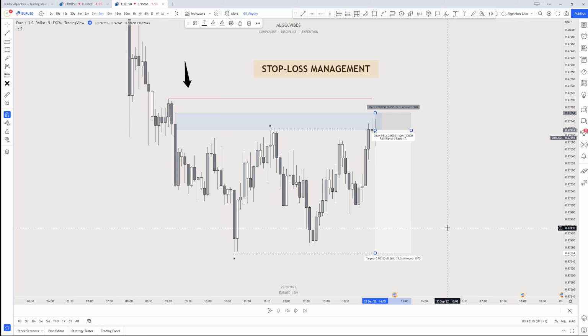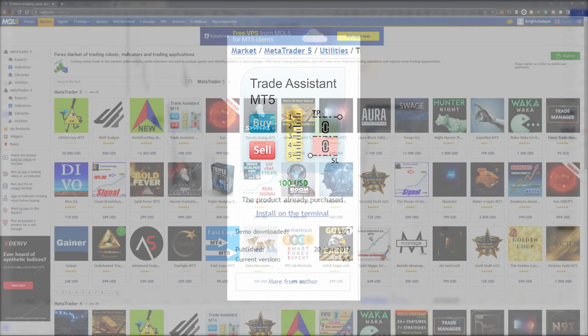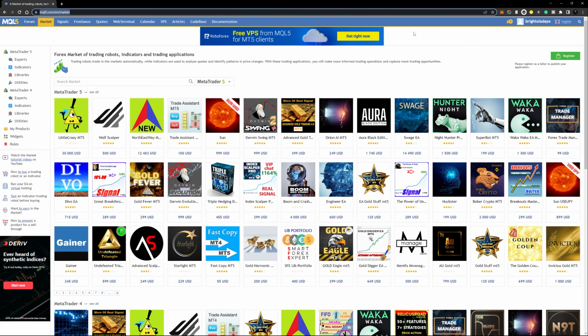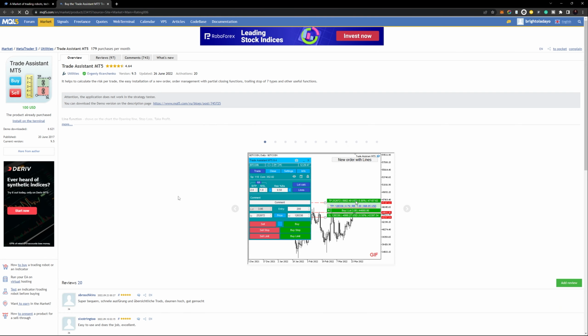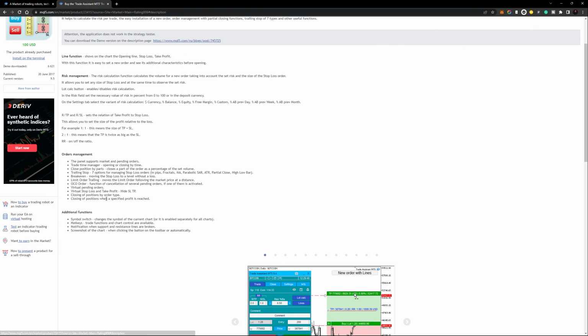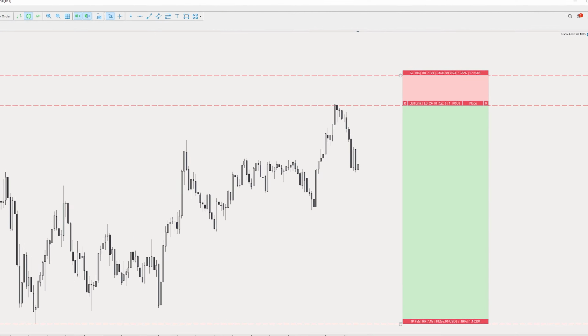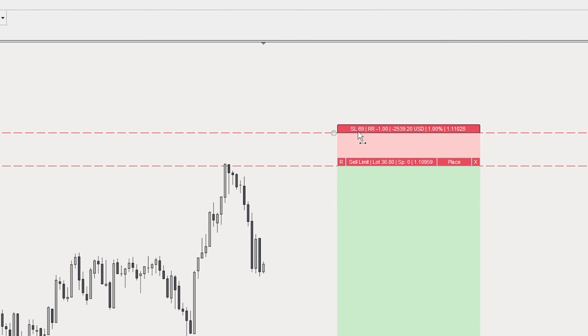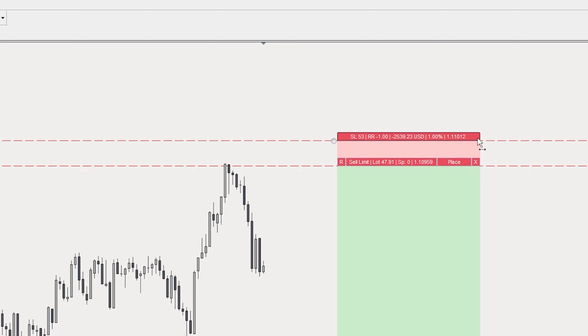And what helps me with this is actually Trade Assistant. I use Trade Assistant, and you can actually check it on MetaQuotes. I think it's the MetaTrader Market. I think it's around $100 currently. So you can get the Trade Assistant. And what this helps you to do is that it actually helps you to place your trade easily on MetaTrader. You know, like you can put your risk to reward, and as you're pulling your stop loss level, the lot size is actually changing too.